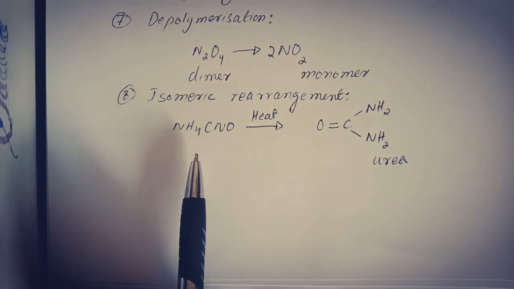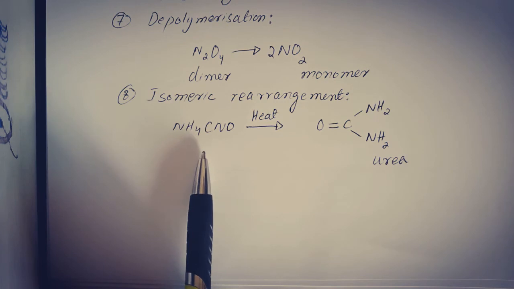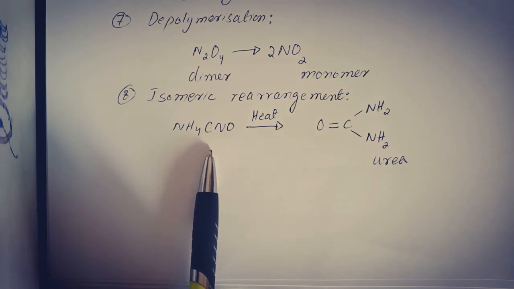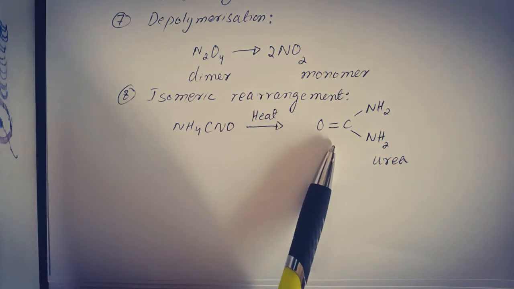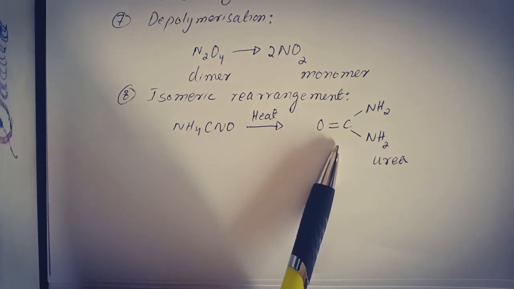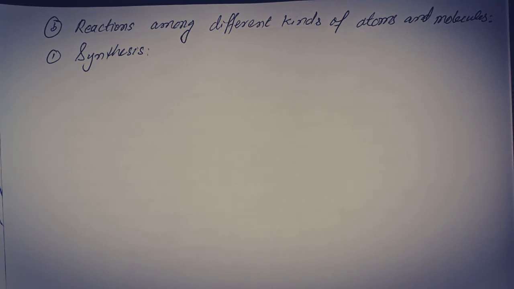Here the functional group of the ammonium cyanide is cyanide, and here we have carbonyl group.